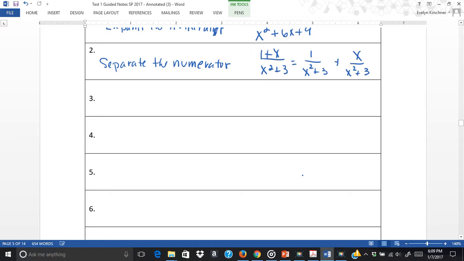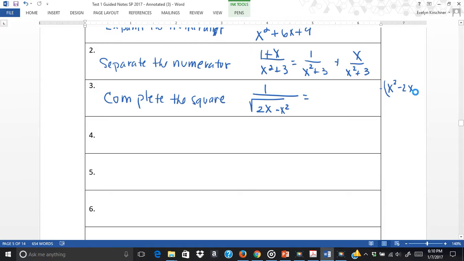The third one is I might want to complete the square. We might want to use this also when we're doing inverse trig. So if I had something like 1 over the square root of (2x minus x squared), I can rewrite that. I would complete the square, so I have x squared minus 2x.